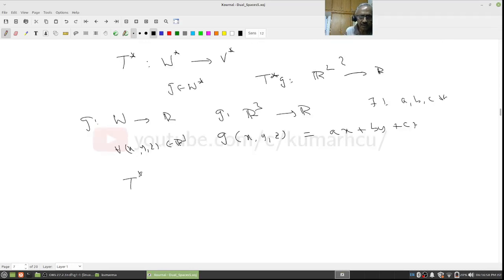Therefore, T star of G, where should it act? Remember, it should act on (u, v). This must be a linear map from R2 to R, that is V to R. So you give me a (u, v) in R2, then I have to tell you what is its value.